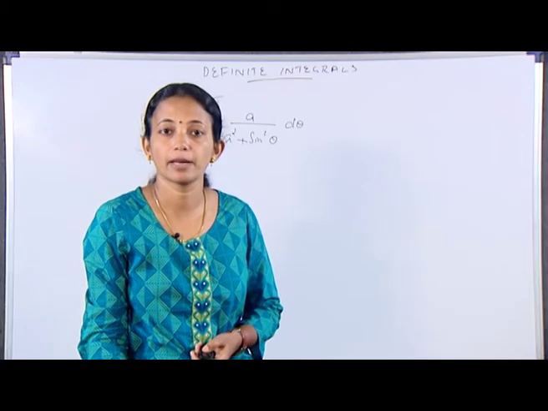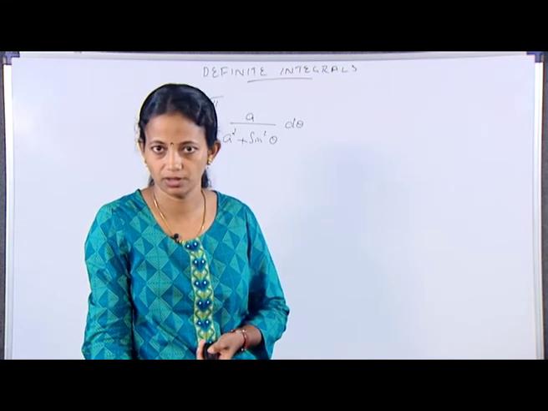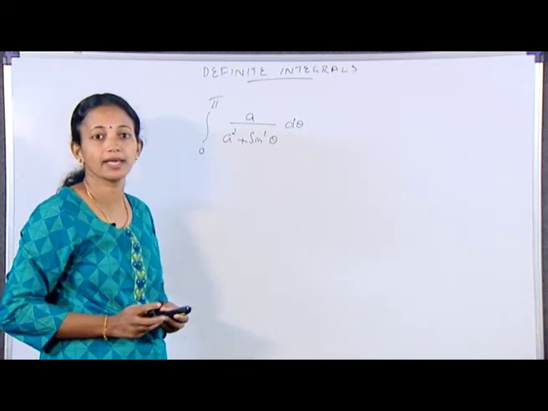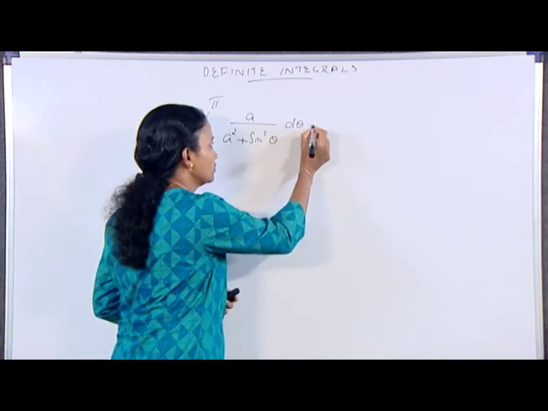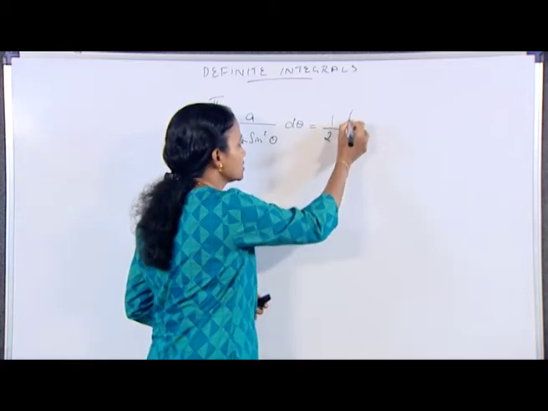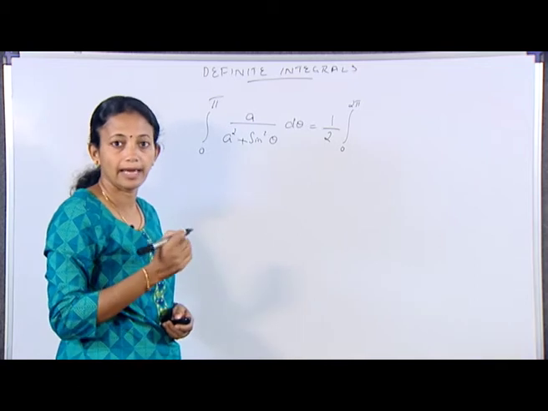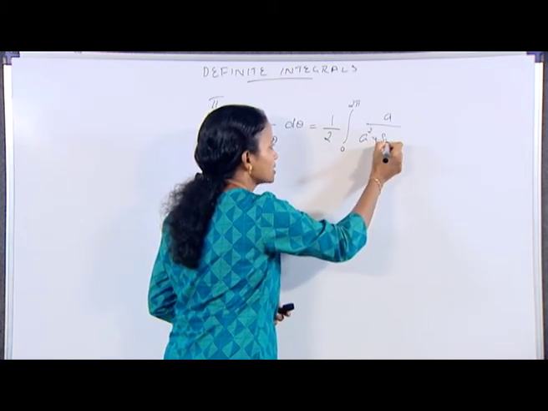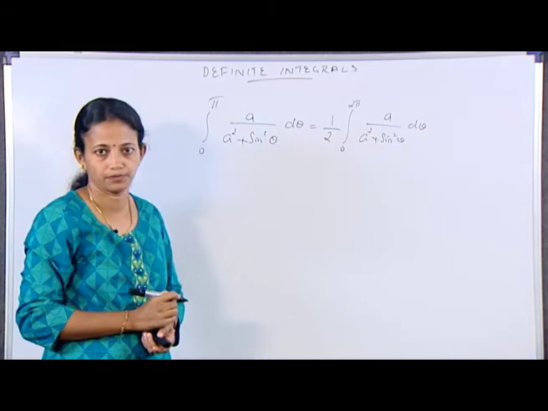Since we know a by (a square plus sin square theta) is an even function, we can write this integral 0 to pi a by (a square plus sin square theta) d theta as 1 by 2 times integral 0 to 2 pi a by (a square plus sin square theta) d theta, since this is an even function.